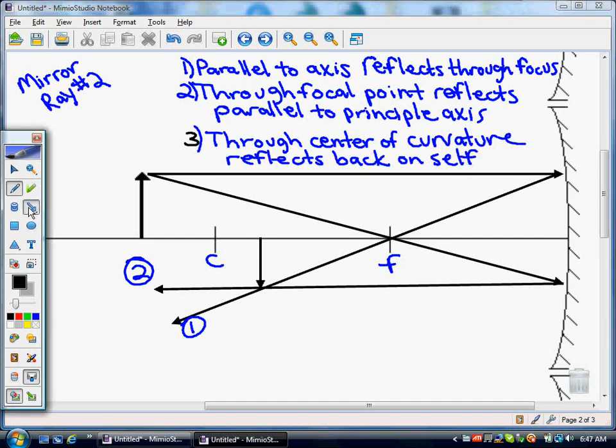In other words, a ray through the center of curvature naturally has to be perpendicular to the surface, which, if we know angle of incidence equals angle of reflection, should in fact reflect back on itself.